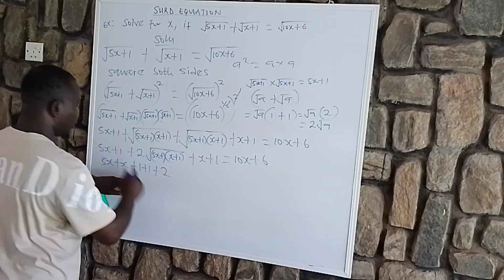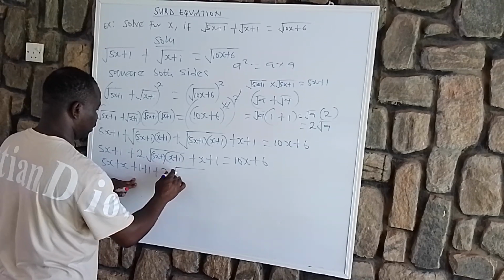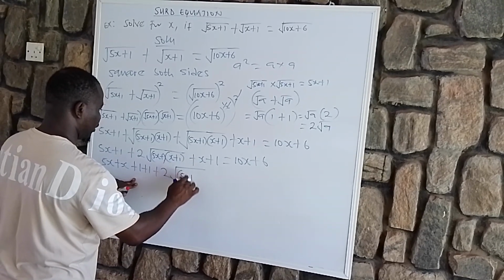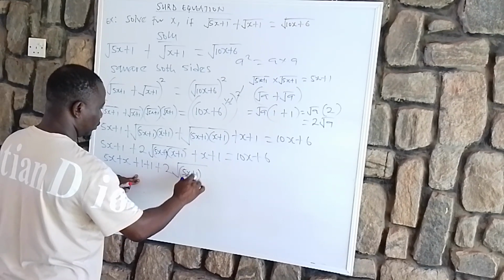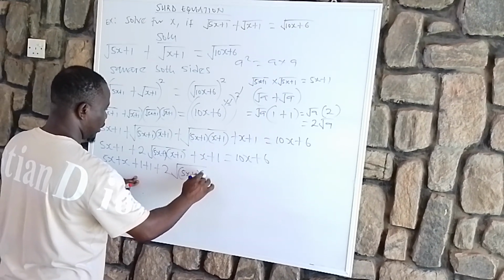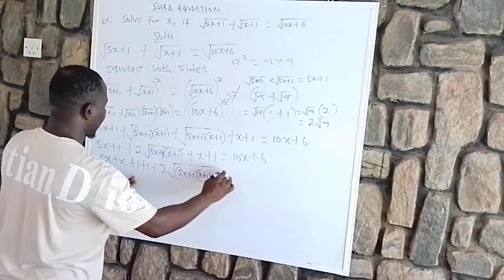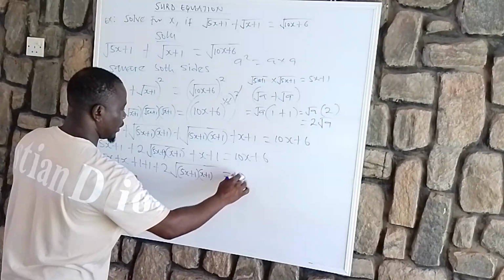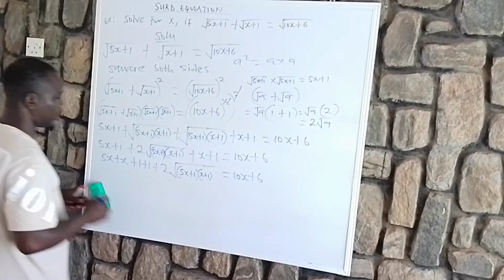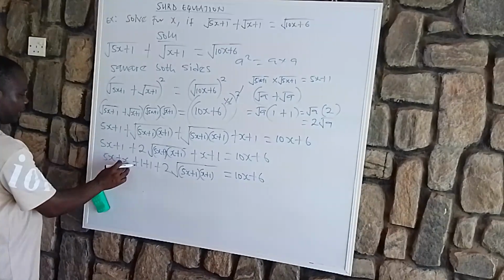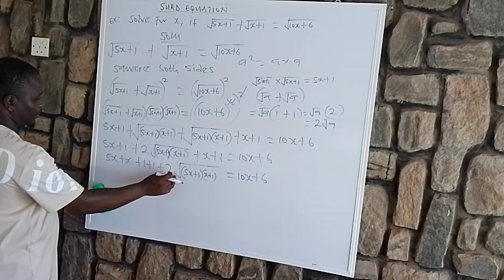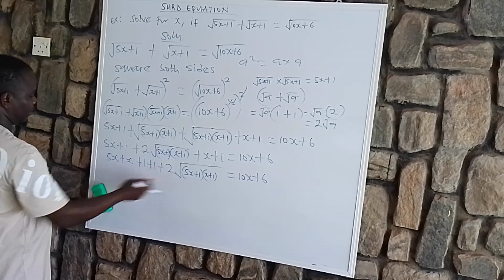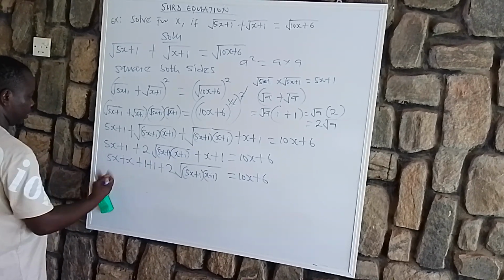Is that clear? So here we'll write all in brackets 5x plus, sorry, this place is 1, 1 open bracket x plus 1, then this equals 10x plus 6. Okay, let us add this. Mind you, don't add this one to this one. They are not the same thing. If you add this one to this, it will give us 2.